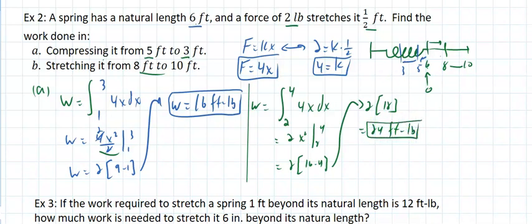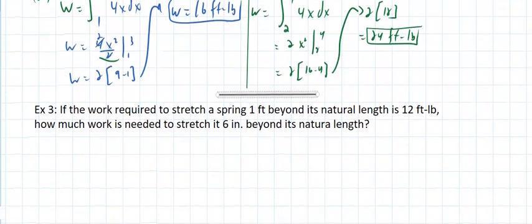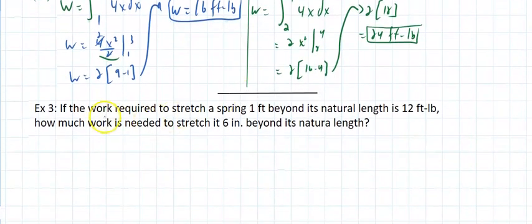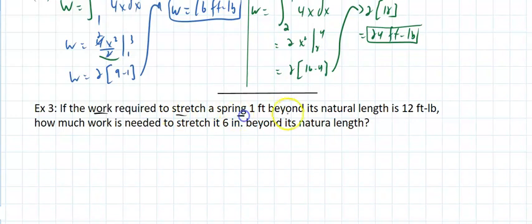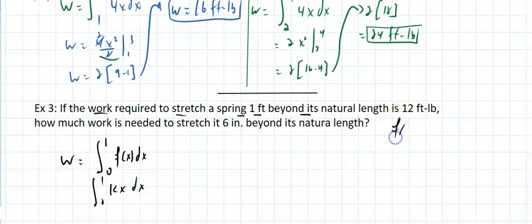Now what if you switch the order? That is, what if you look at this and say, if the work required to stretch a spring 1 foot beyond its natural length takes 12 foot-pounds, work is the integral from 0 to 1 of f of x dx. Well, that is the integral from 0 to 1 of kx dx, because we know that the force is kx.